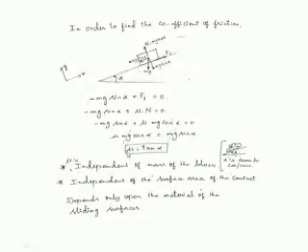If you want to find the coefficient of friction, we can draw the free body diagram and find the relationship between the coefficient of friction and the inclined plane angle alpha. So mu is equal to tan alpha, where alpha is the angle of inclination of the inclined surface.